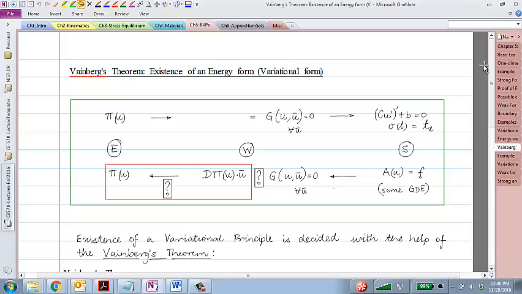So the idea here is that you start from a strong form. This was the strong form that we started with, right? This is the one-dimensional bar problem governing differential equation and the boundary condition at L. Instead of this, you could have some other governing differential equation as well. We started off with this strong form.